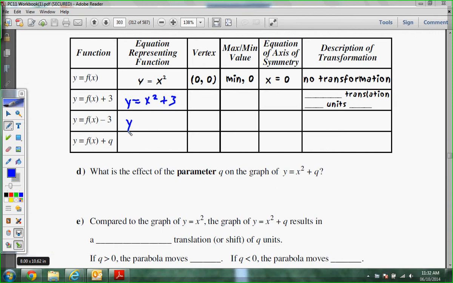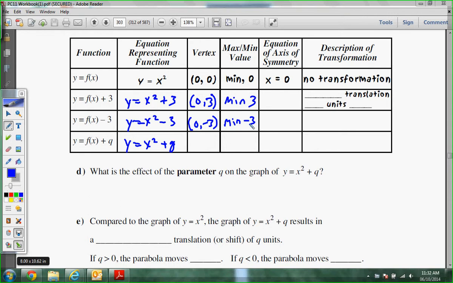And then this one will be y equals x squared minus 3. And then we want just the general x squared plus q. What does that mean? The vertex did move. We moved it up 3 on this one, so it changed my min to a 3. This one moved down, so (0, −3), so it changed my min to a negative 3.